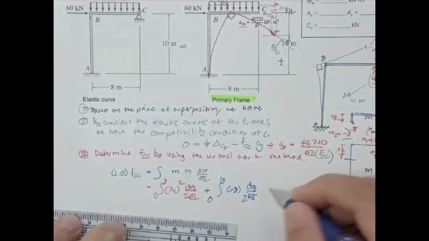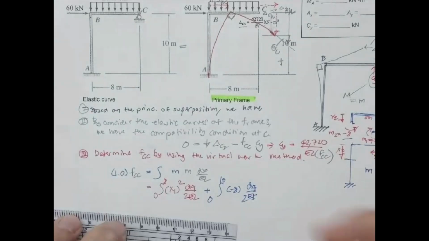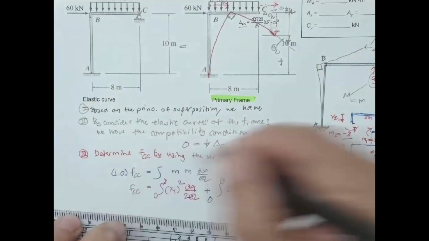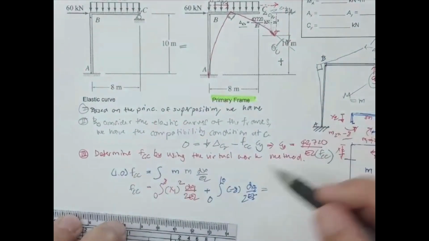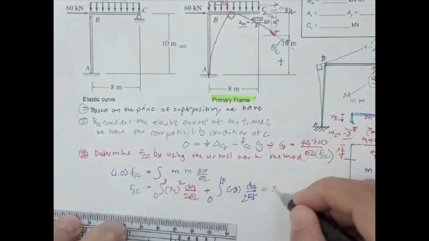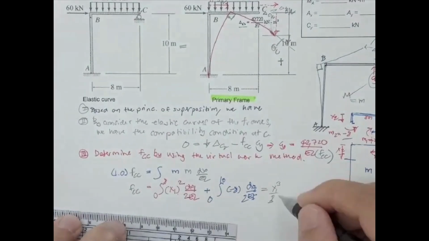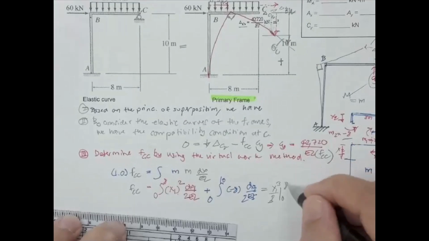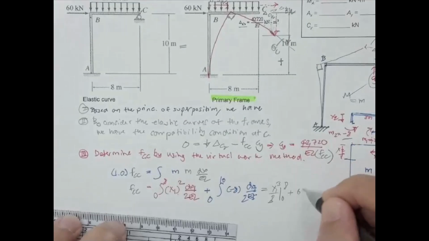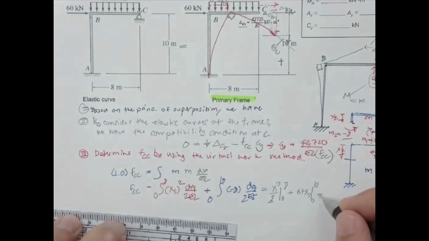Then you should get F sub CC equal to x1 cubed over 3 from 0 to 8 plus 64 x2 from 0 to 10.